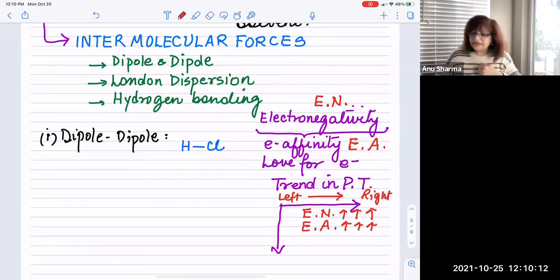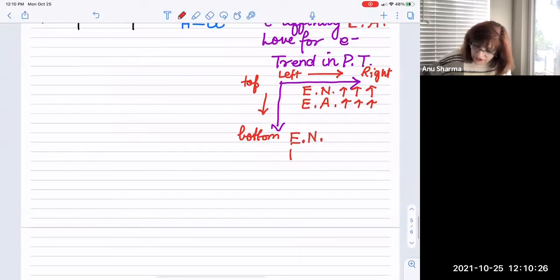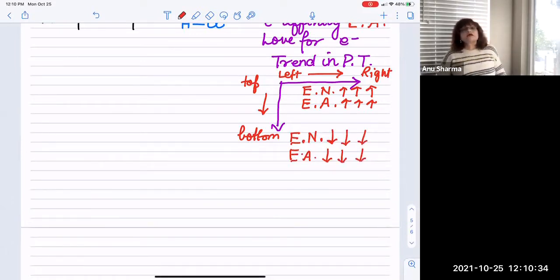But when you move from top to bottom in the periodic table, we see that the electron affinity and the electronegativity both of them go side by side. Electron affinity goes down.